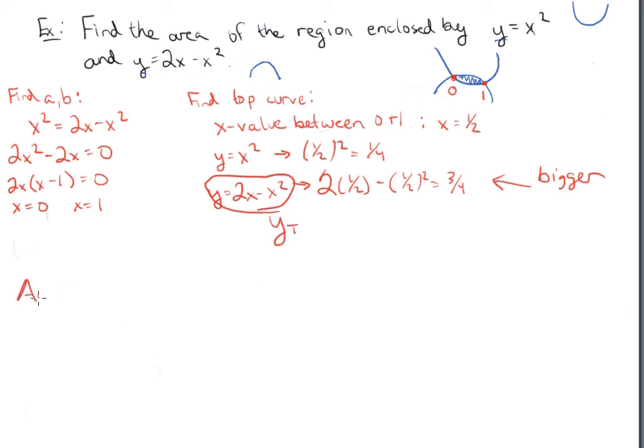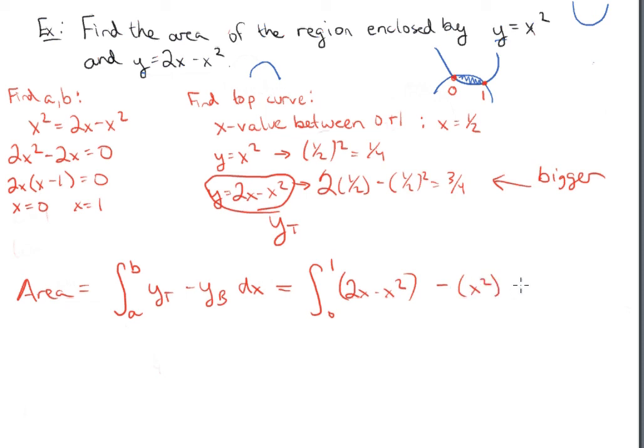So that means the area I want is the integral from A to B of the top curve minus the bottom curve dx. So in this case, that's the integral from 0 to 1 of 2x minus x squared minus x squared dx. Top curve minus bottom curve.